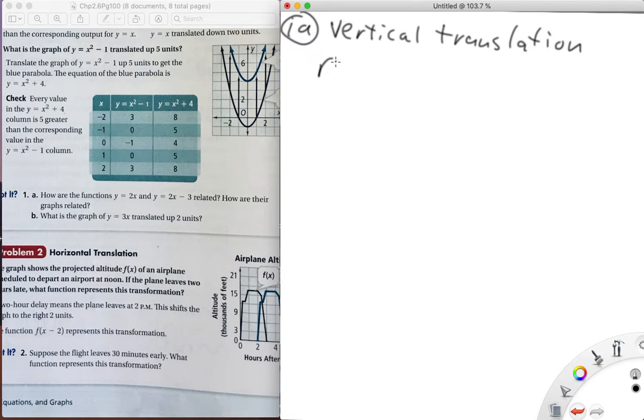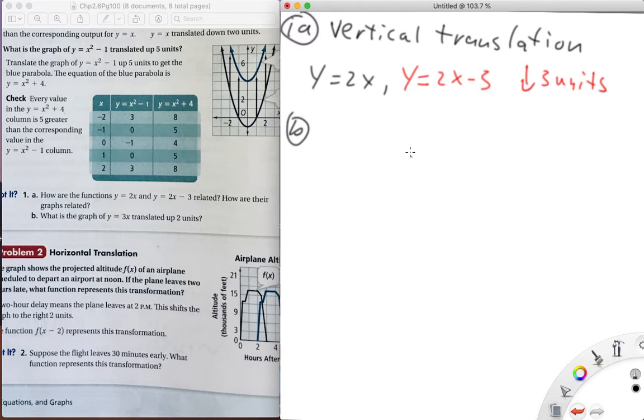The initial parent graph is y equals 2x. The translated graph is y equals 2x minus 3, and it's going to go down 3 units vertically.